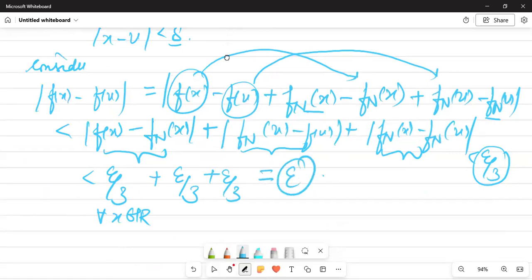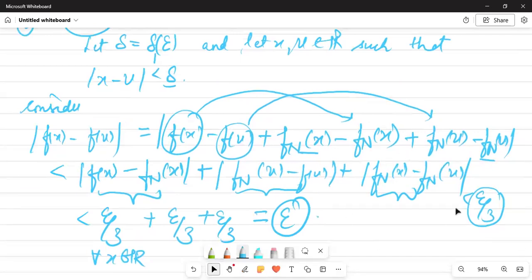And since this inequality is not depending on the points, for any x and u that satisfy this, it is true, because any x and u satisfying this will also be satisfying this.